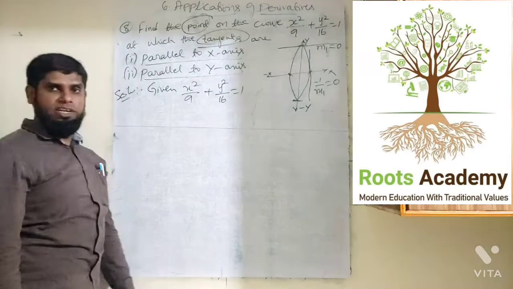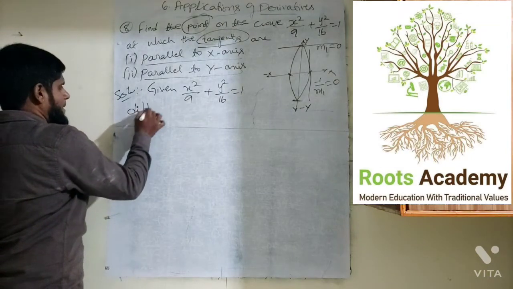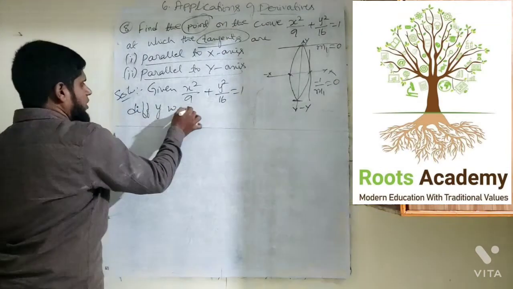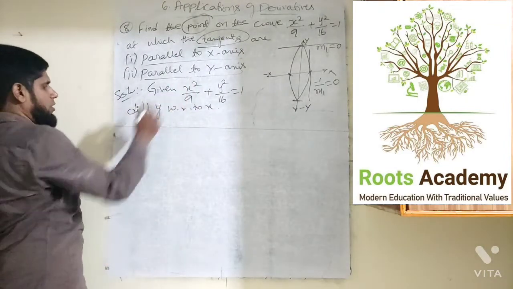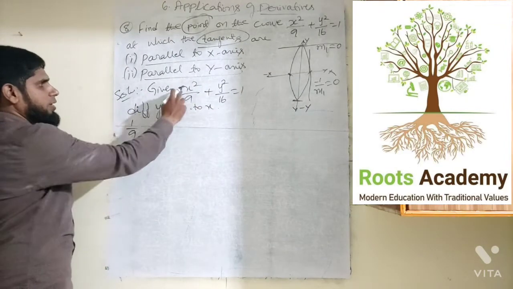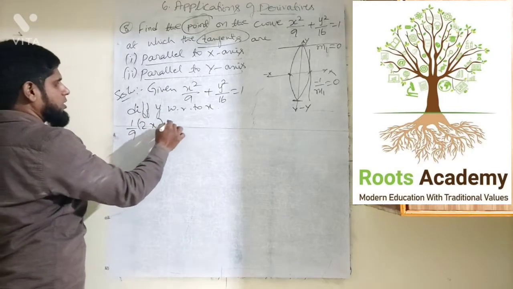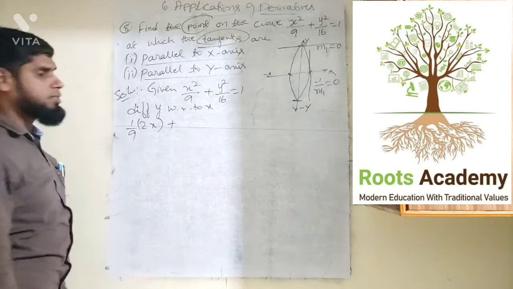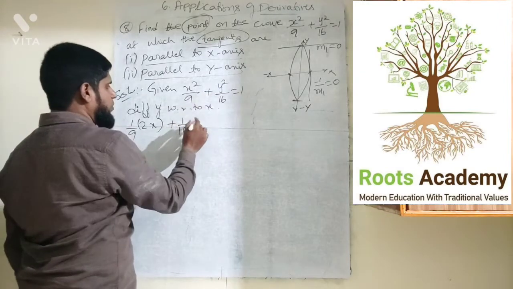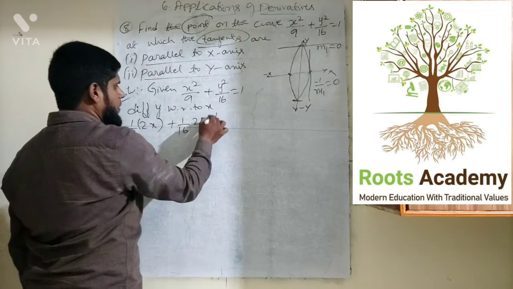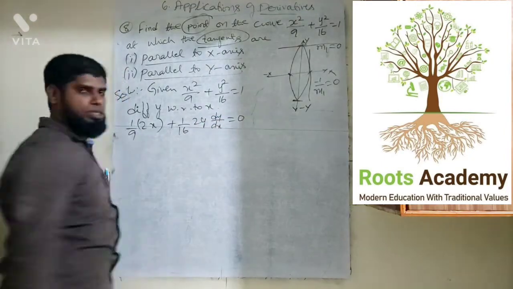Let us directly differentiate this with respect to x. 1 by 9, derivative of x square is 2x, plus 1 by 16, derivative of y square is 2y dy by dx, is equal to 0.